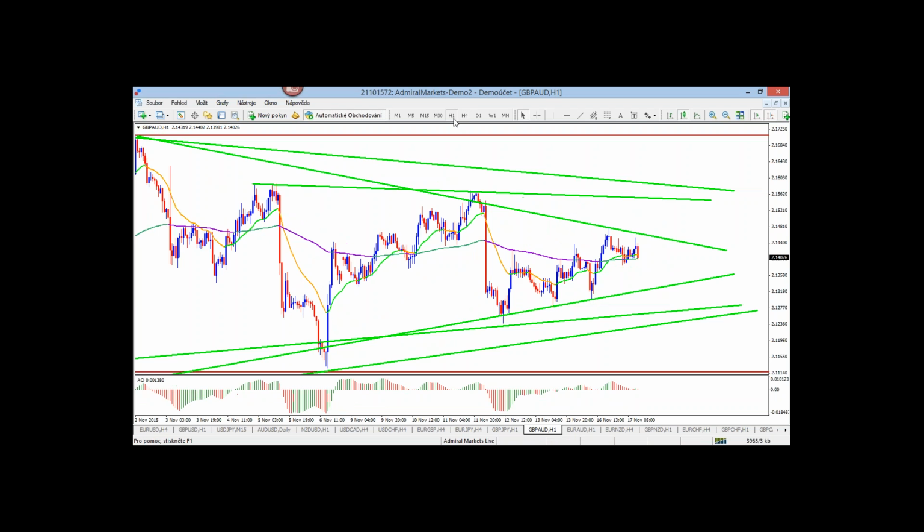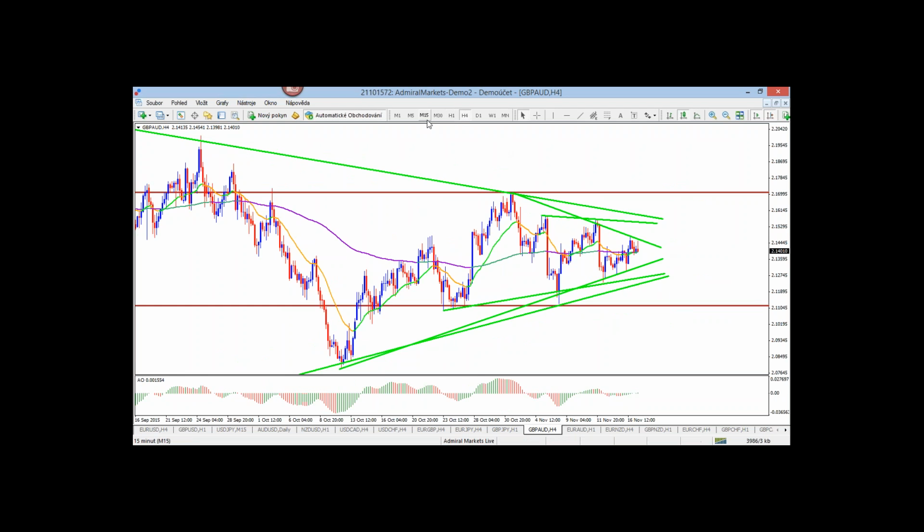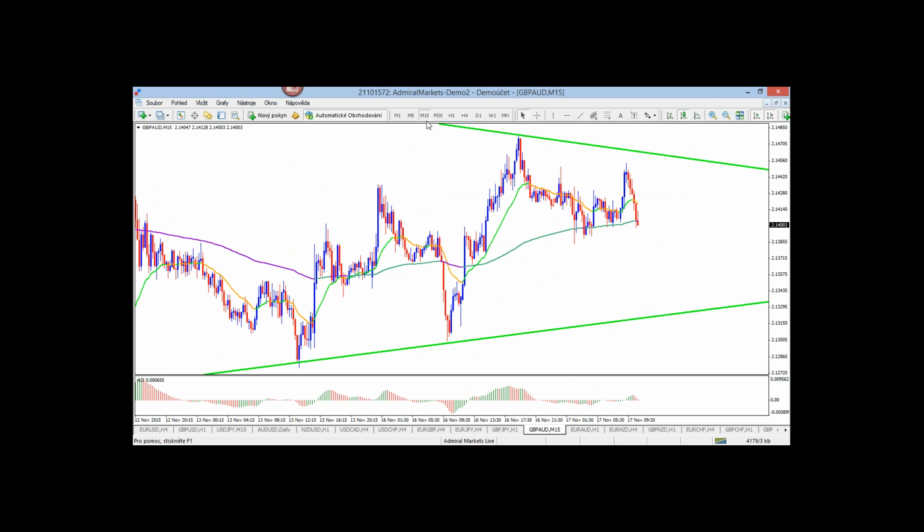Within that zone, maybe if I zoom into the hourly, do we see something? I don't know. I don't see much. Maybe I missed it. If you do see something, let me know.